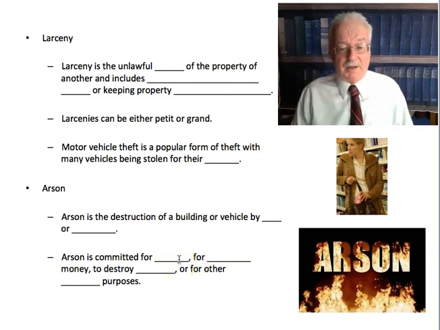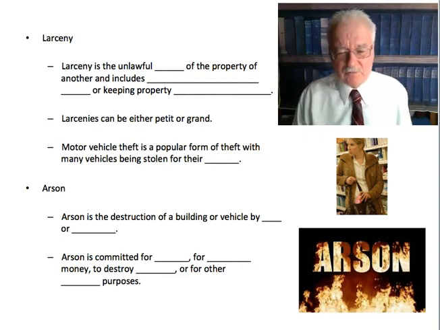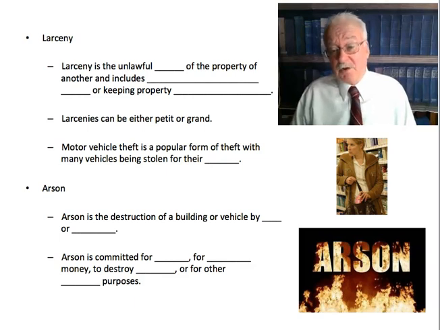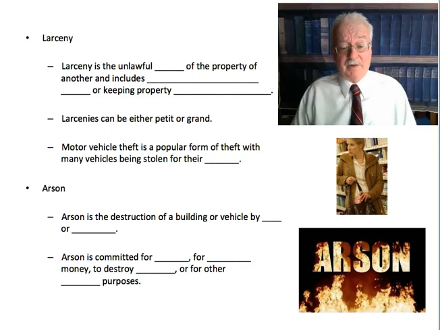Also, it can be committed for revenge. You might hate somebody. Sometimes these are hate crimes involving race, and you burn down their house or burn their car down. I mentioned insurance money already. Sometimes to destroy evidence. Sometimes somebody will commit a serious crime and burn the crime scene so that there'll be no fingerprints or other evidence, or for other illegal purposes.